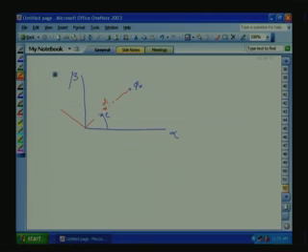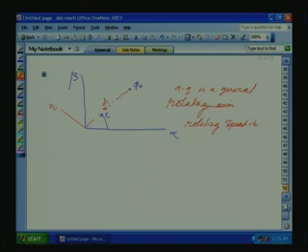Now, dq is a general rotating axis. If this rotating speed d rho by dt is equal to omega s, then this general rotating dq axis is moving at the synchronous speed.